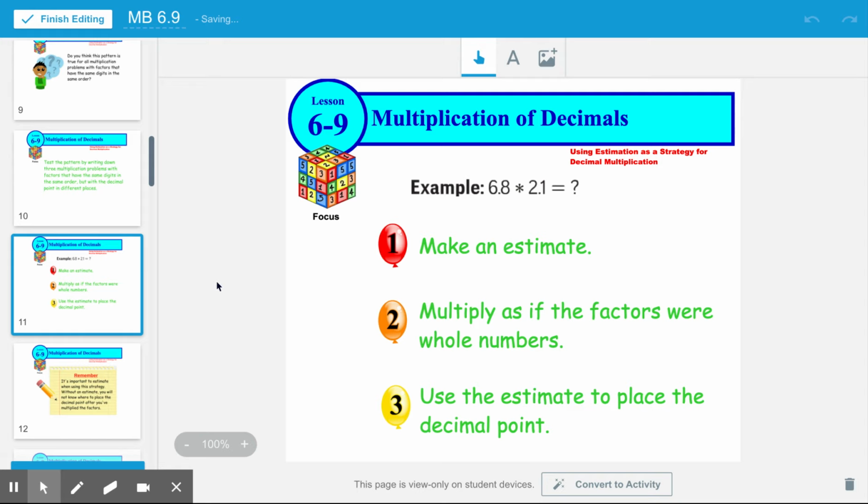And so we know that we would take 68 times 21 and you get 1,428. But we know that if we estimate, we could do 7 times 2, which would be 14. So if I place my decimal in the correct place, I would see that 6.8 times 2.1 should be 14.28.